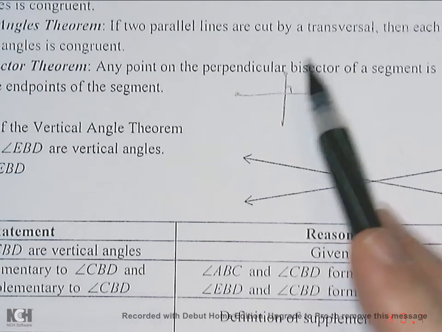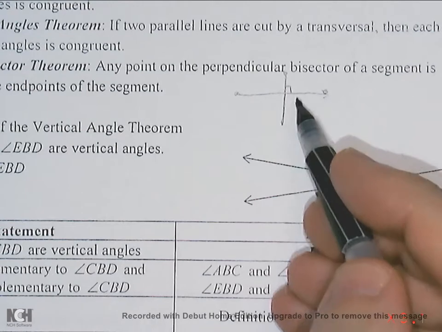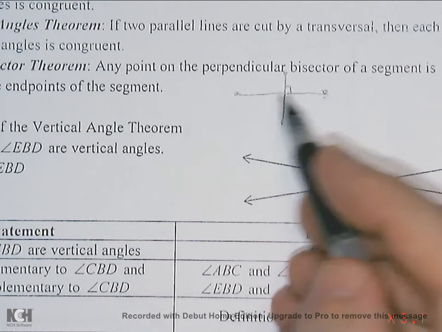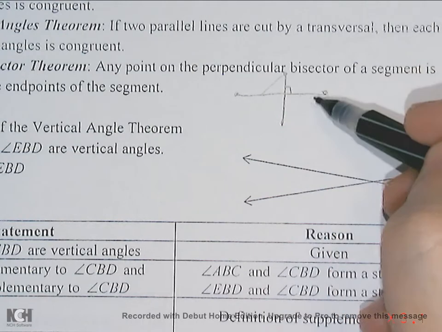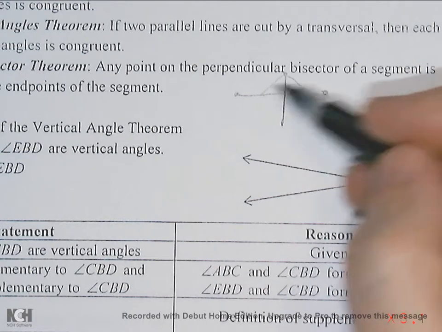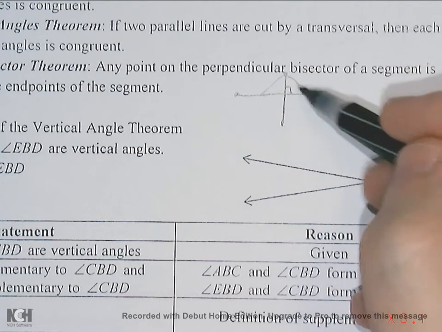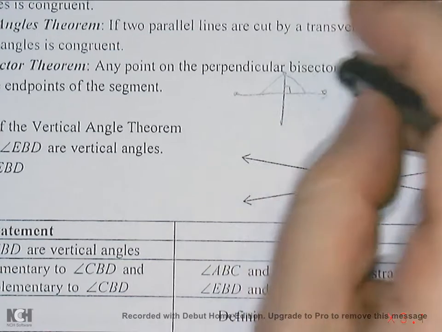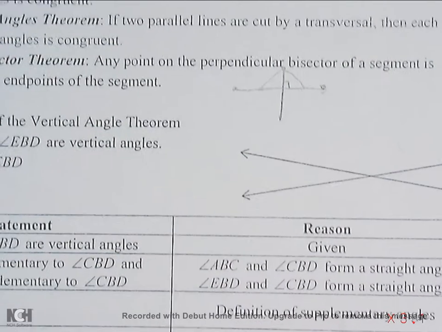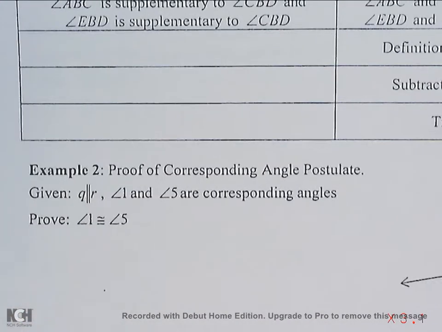Basically what the perpendicular bisector theorem says is that no matter where I am on this line, I can draw lines from any point there and they would be equidistant from that point to the segments of the bisecting line. Okay? So that's all it's saying, and we'll actually prove that one in a second, or use it as a proof. But let's start with this one right here.